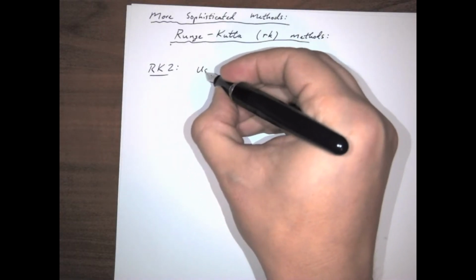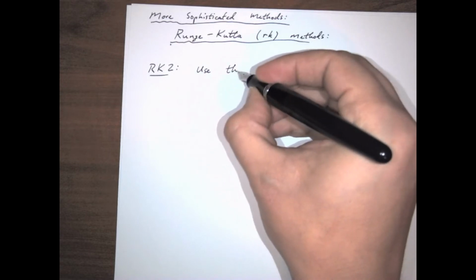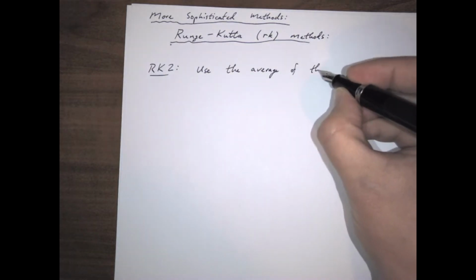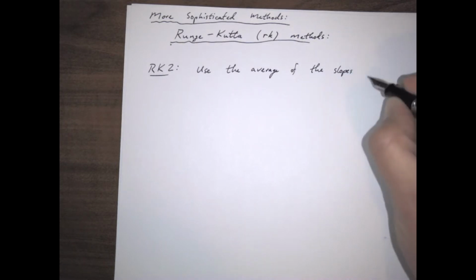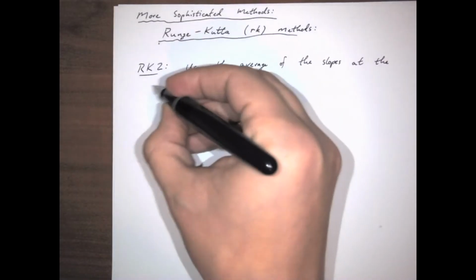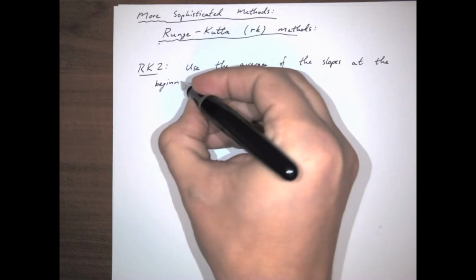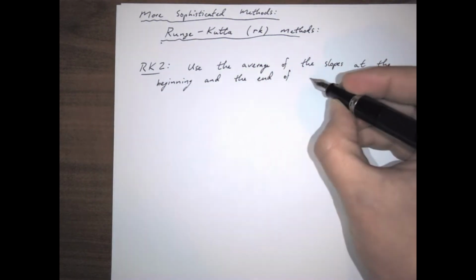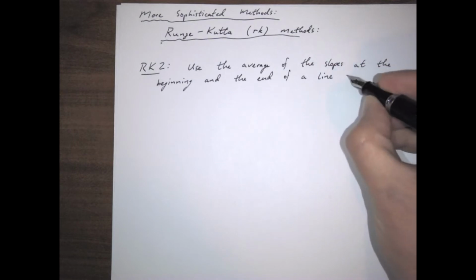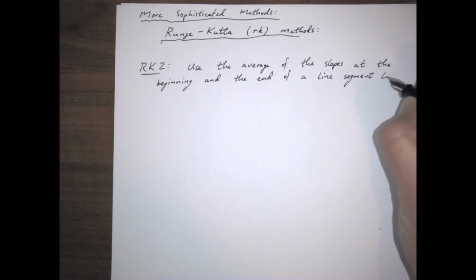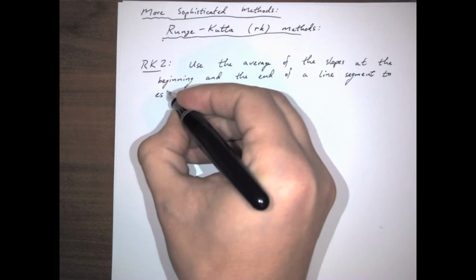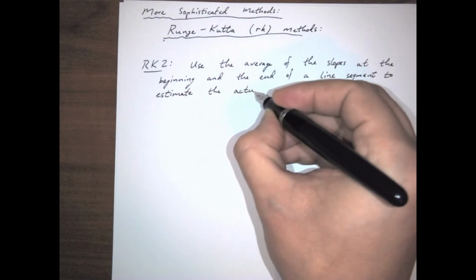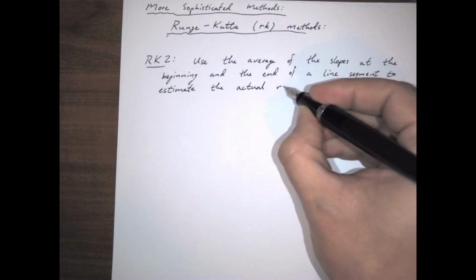So use the average of the slopes at the beginning and the end of a line segment to estimate the actual rate of change.